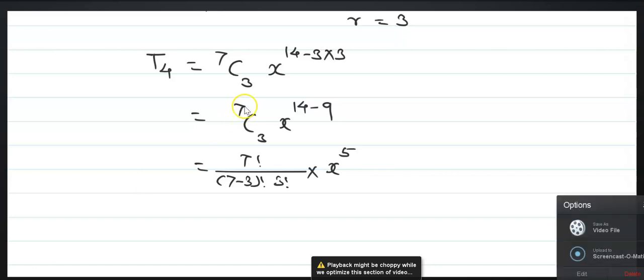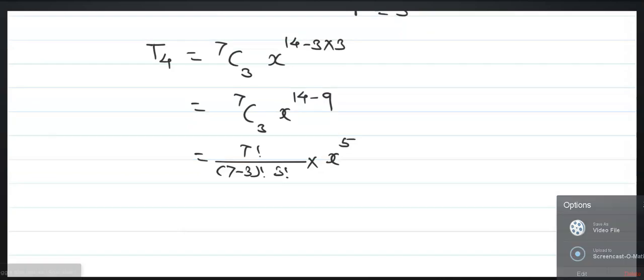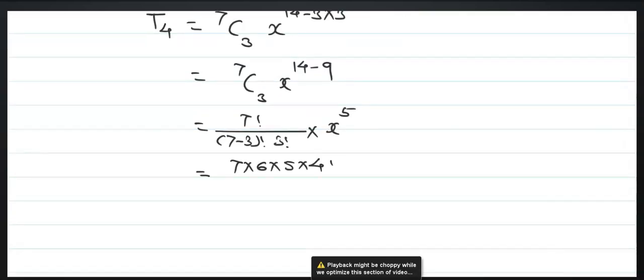Now see this fourth term, that is 7C3 x raised to 14 minus 9, therefore x raised to 5, 7 factorial upon (7 minus 3) factorial into 3 factorial. This is the calculation.